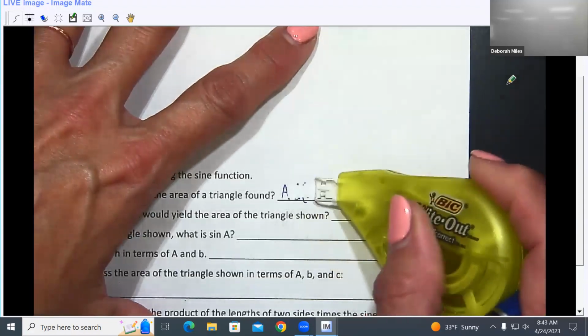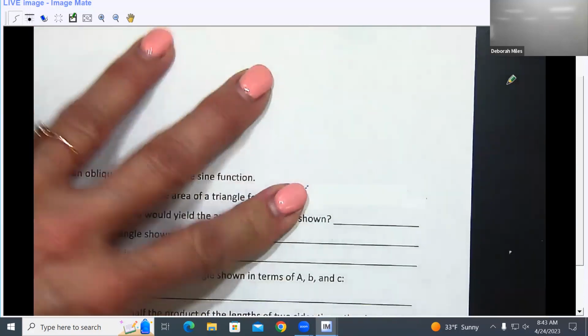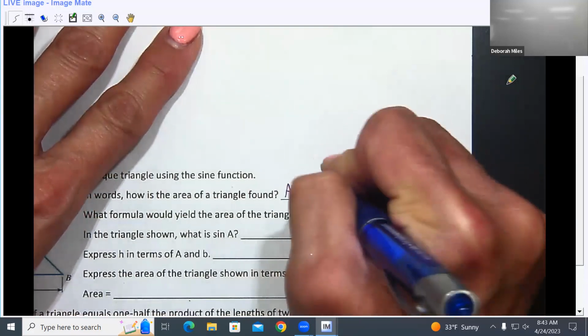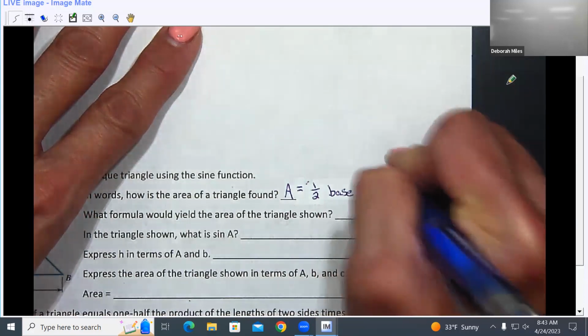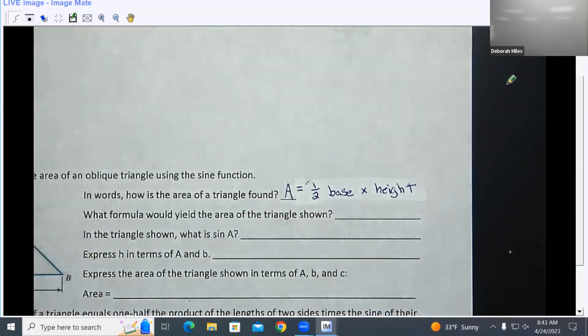I wrote that so poorly. Area equals 1/2 base times height. And you don't have to have base and height in parentheses because they're multiplied, not added.